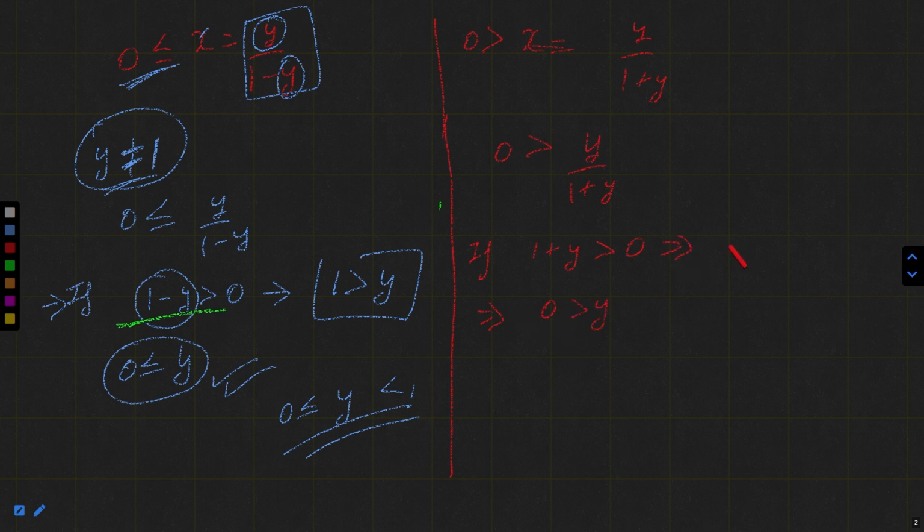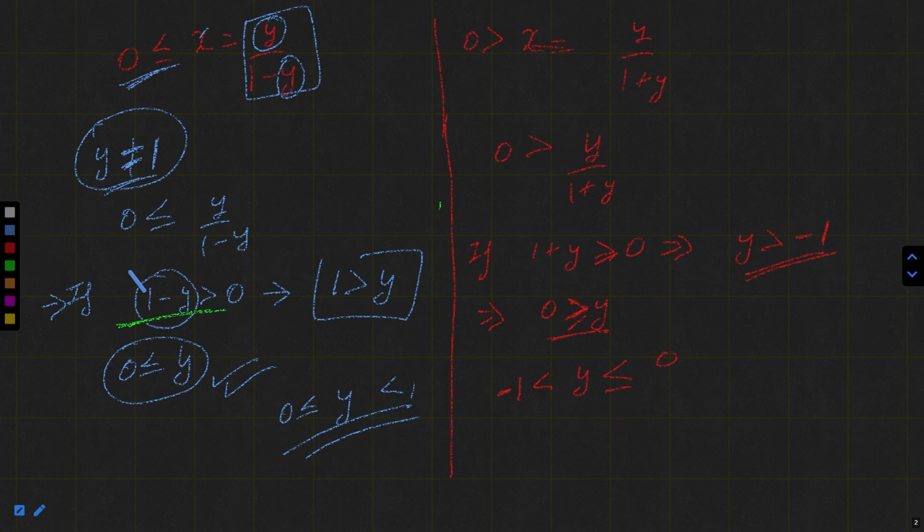From this I can say that y is greater than minus 1 and y is less than or equal to 0. So y is strictly greater than minus 1 but less than or equal to 0.